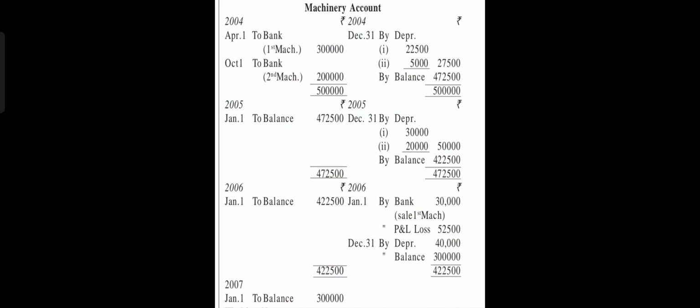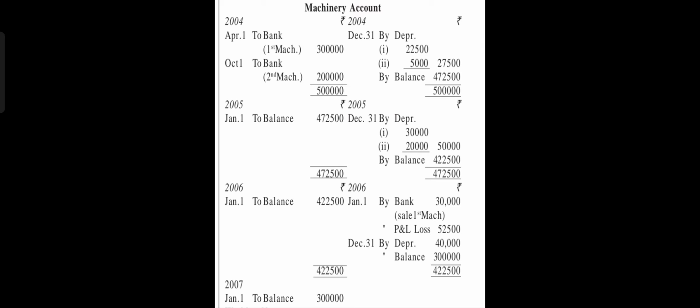Now coming to the solution, we are preparing a machinery account here. We purchase the first machinery on 1st of April 2004, as the machinery is coming in and cash or bank is going out. So machinery account debit, to bank, first machinery purchased on 1st of April 2004, and the cost of the machinery is 3 lakhs.